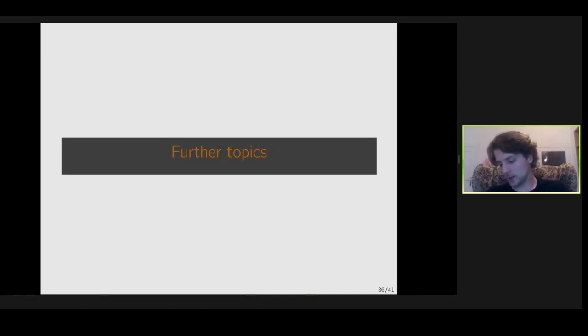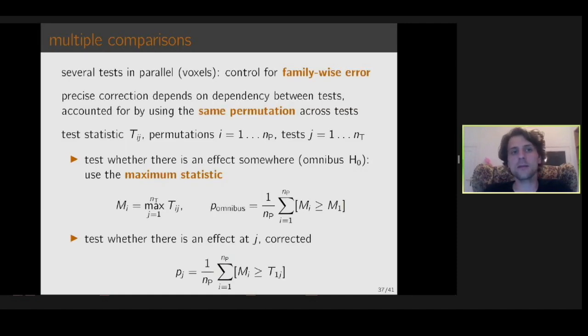Okay, at the end of my talk, I want to discuss further topics which may or may not come onto the table if you are performing permutation inference. The first of these topics is the issue of multiple comparisons. If you're analyzing brain data, you will inevitably run at some point several tests in parallel, for example, across fMRI voxels or across EEG channels.